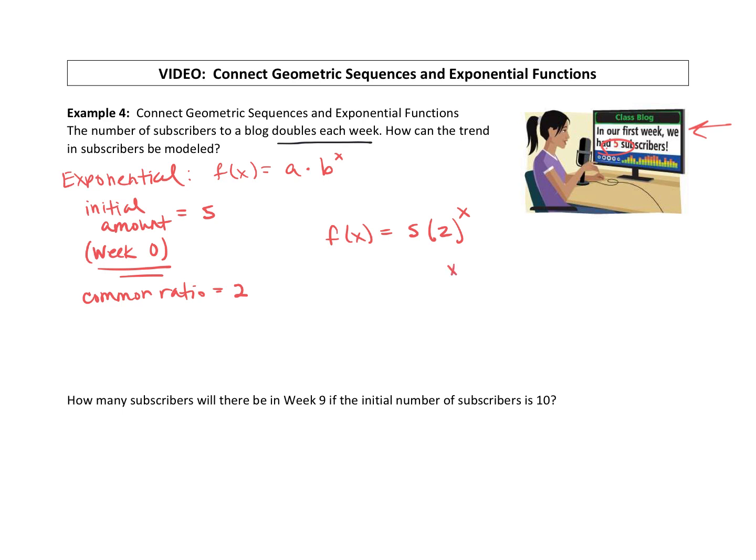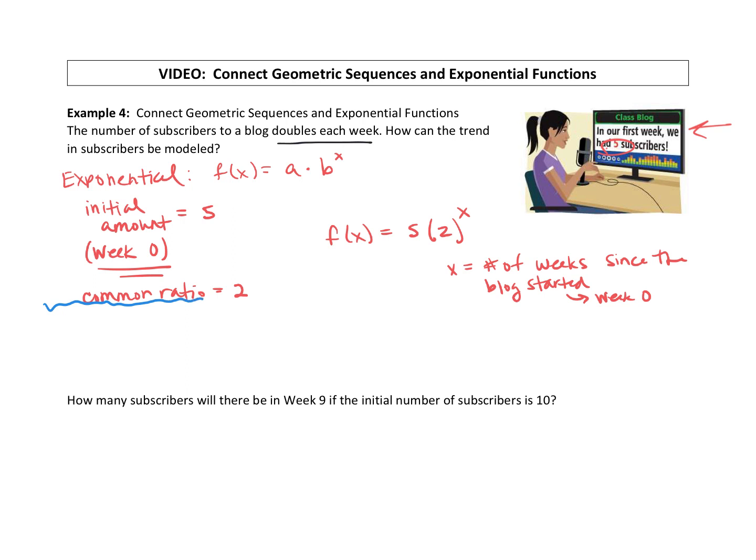And this is where x equals the number of weeks since the blog started. And then we just want to keep in mind that it started at week 0. Okay, so there is our exponential function.